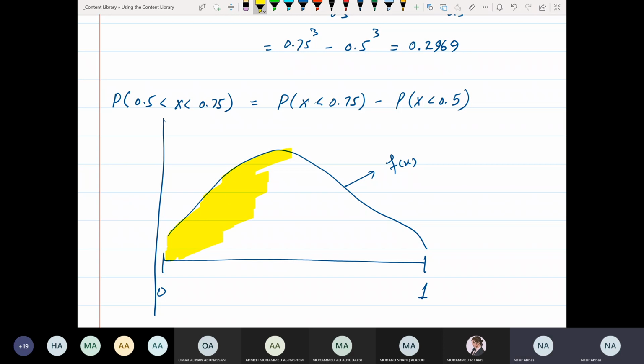The area under this curve from 0 to 1 overall, that's actually the probability of x between 0 and 1. This overall yellow area is 1. That is basically all the possible values of x and their probabilities. This yellow area, you said this is 1.